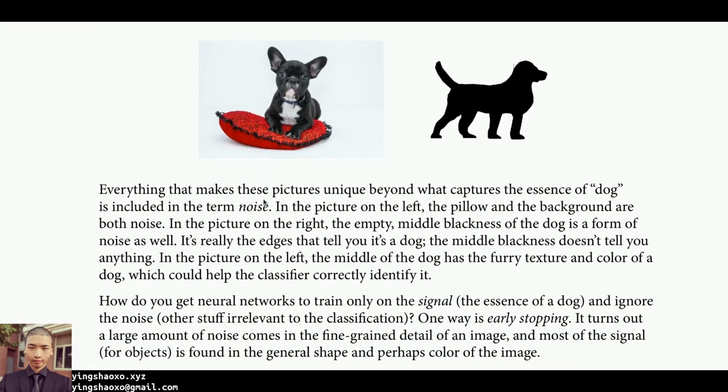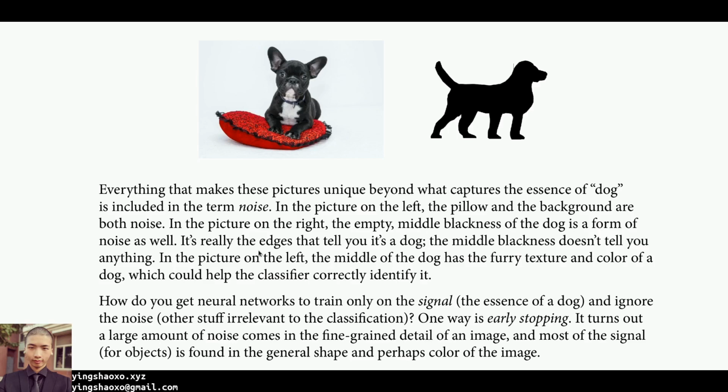Everything that makes these images unique beyond what captures the essence of dog is included in the term noise. In the picture on the left, the pedal and the background are both noise. In the picture on the right, the empty metal black glass of the dog is a form of noise as well.